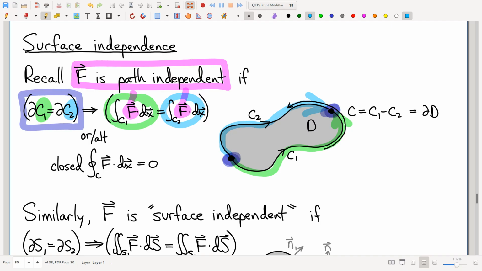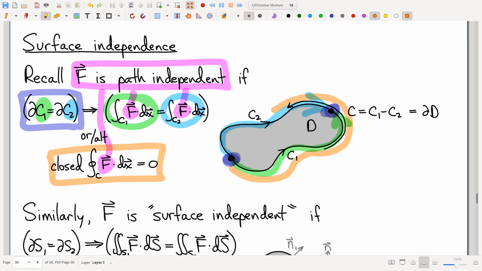Okay. Now you'll also recall a different take on path independence is this idea of, well, you can combine these 2 curves by going around C1 and then C2. Notice, though, you have to go backwards along C2. This is a little weird thing about geometry that C1 and C2 have the same orientation in the sense of how their shared boundary looks, but they have opposite orientations in the sense of how they are a boundary of this region they enclose.